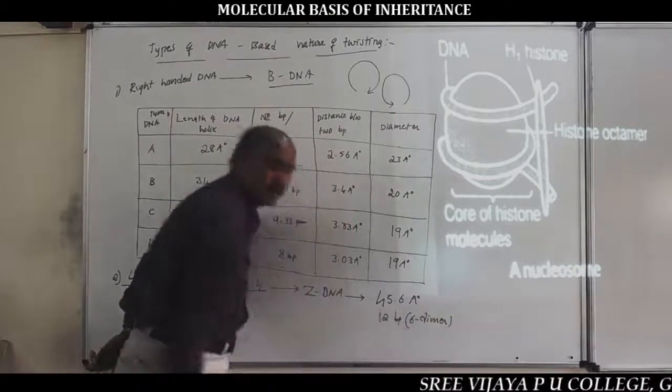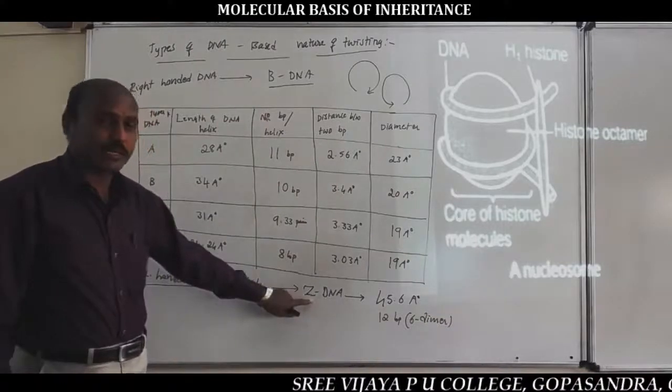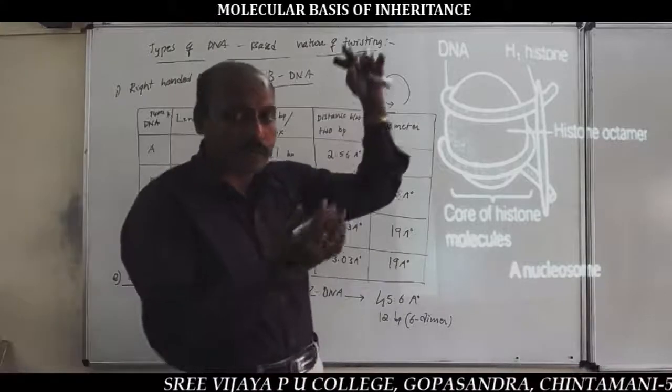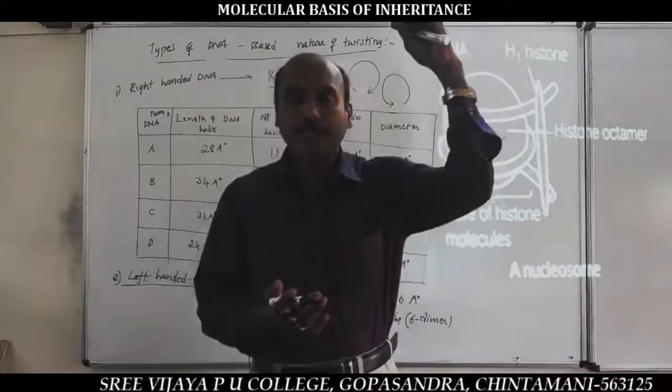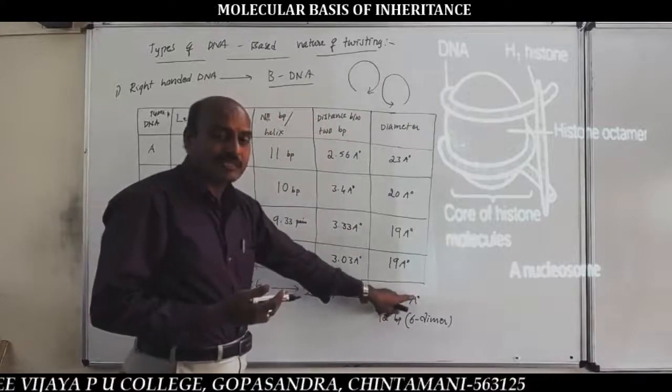Very important for neat information. In the Z DNA, length of one turn is approximately 45.6 angstroms.